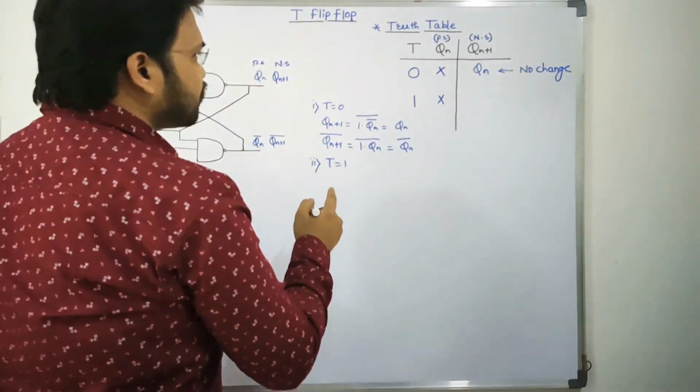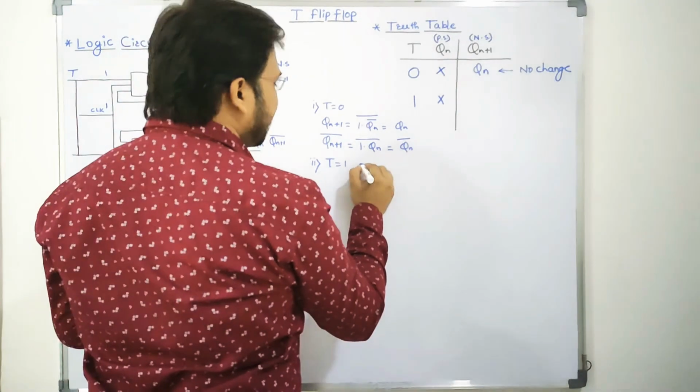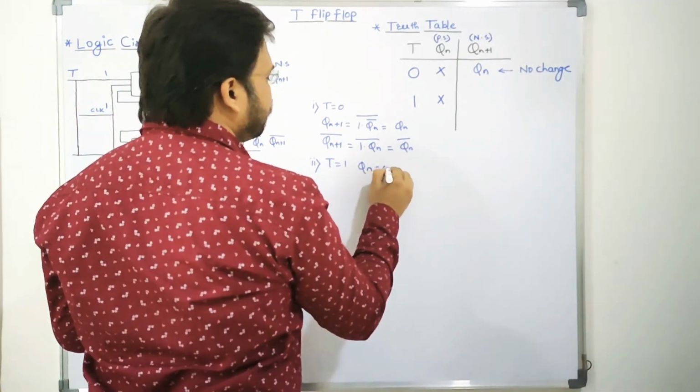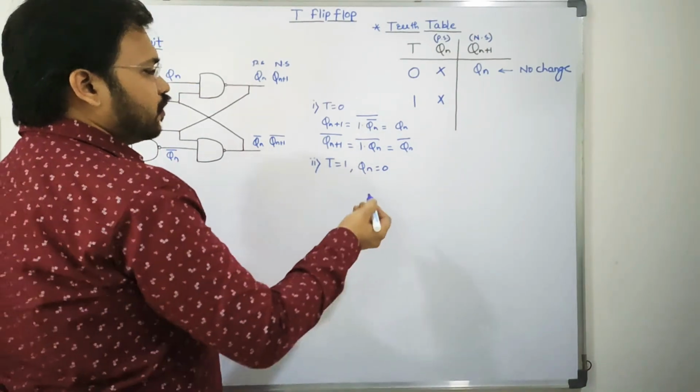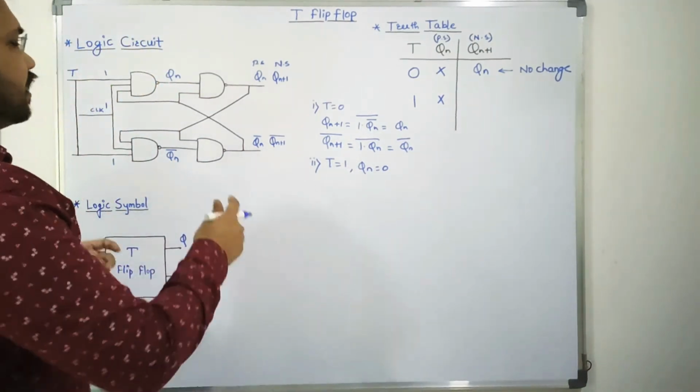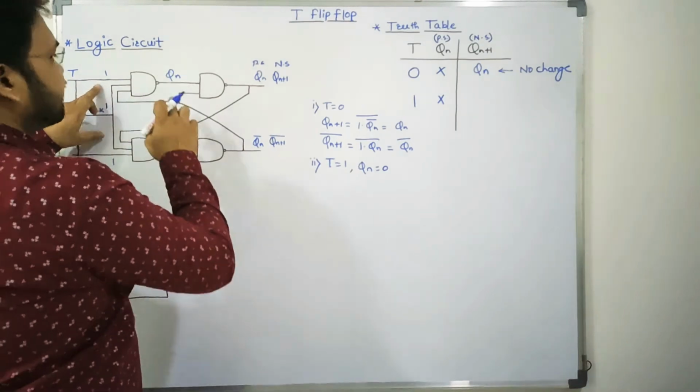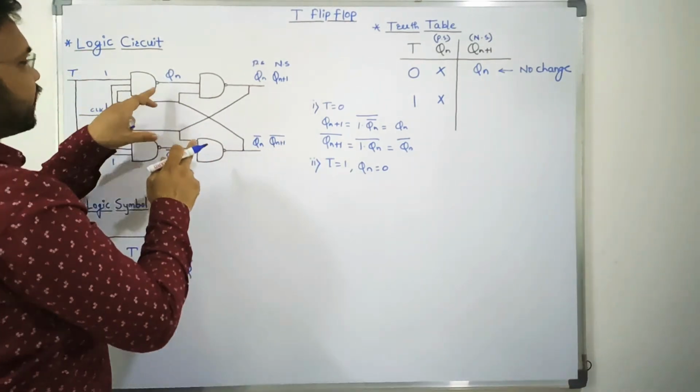So T is equal to 1 and Qn is equal to 0, because we don't know the value for this. So what will happen? We are finding the NAND gate output here.